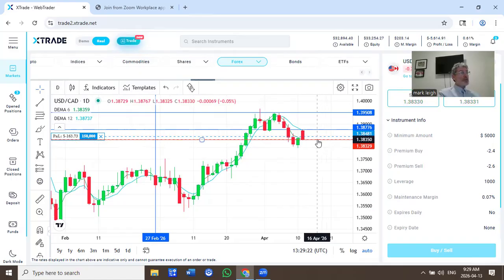Sellers will look to test, break below this support level, looking back down here at the 138 support. That'll be selling US dollar, buying Canadian, continuation of US dollar weakness, which we saw on the index against European currencies, and seeing the US being sold off against the Canadian as well.